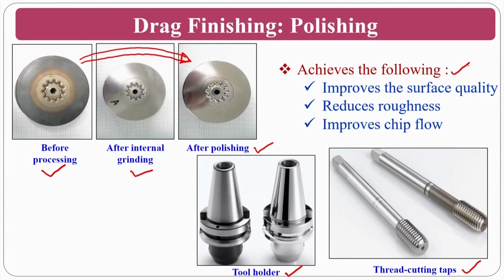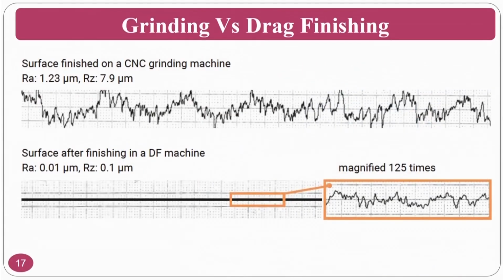Achieve the following: this improves the surface quality, at the same time reduces the roughness and improves the chip flow also. That means that, as I said, if the chip flow is increased, that means that material removal per unit time will increase. That means that your production rates are increased, so that you can be competitive in the market.